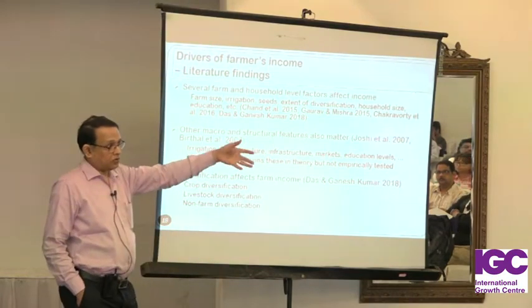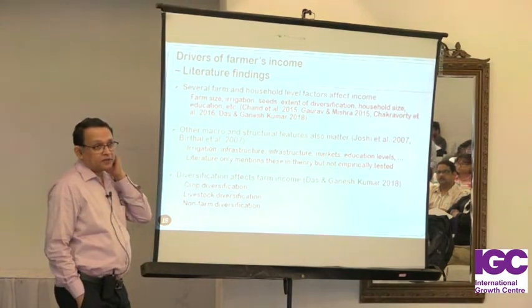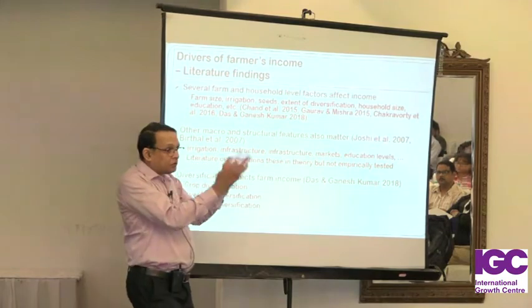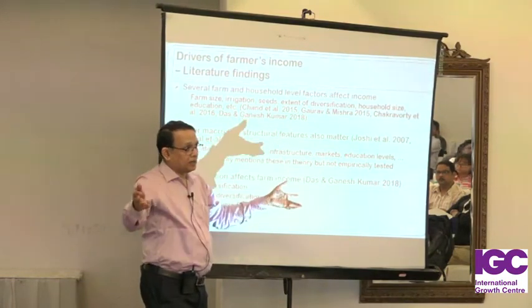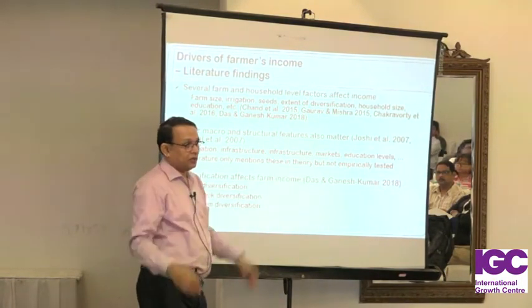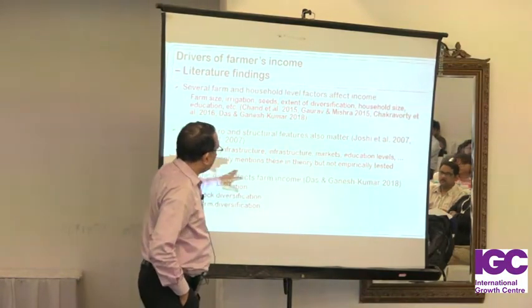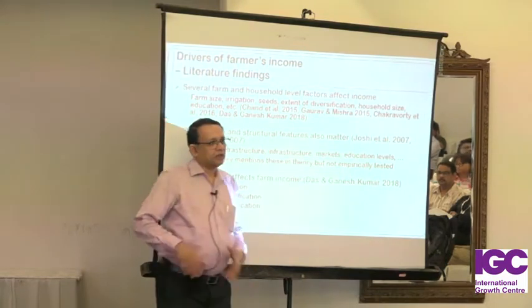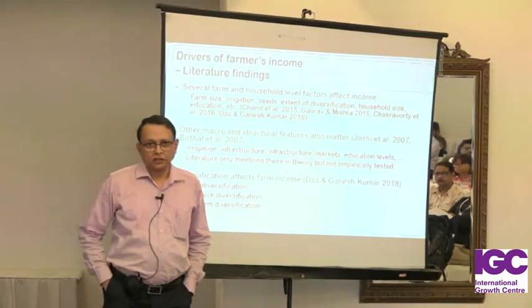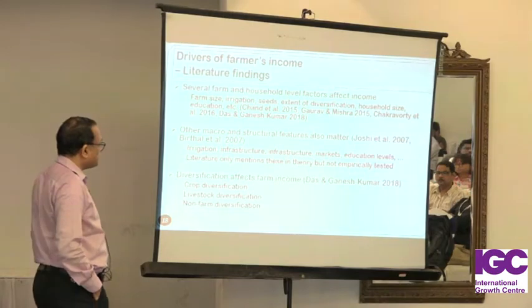A particular household may not be well educated, but it could be an exceptional household in an otherwise better educated district. Here we are talking of the overall education levels in the district or the state and so on.